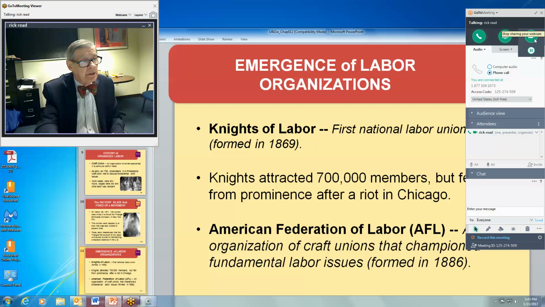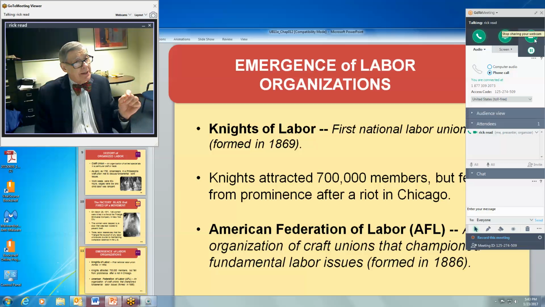First union formed in 1869, up to almost 750,000 members, but there was a strike in Chicago. And from the strike, a riot broke out and police were brought in to quell the riot.